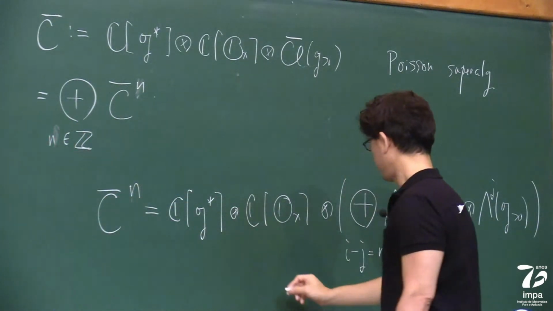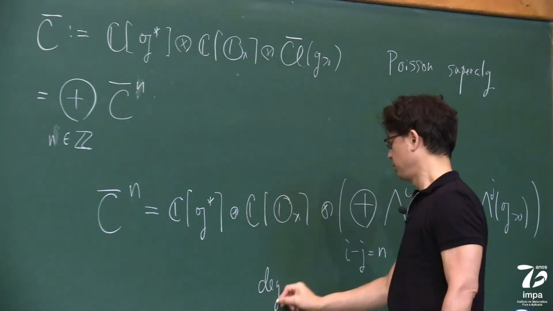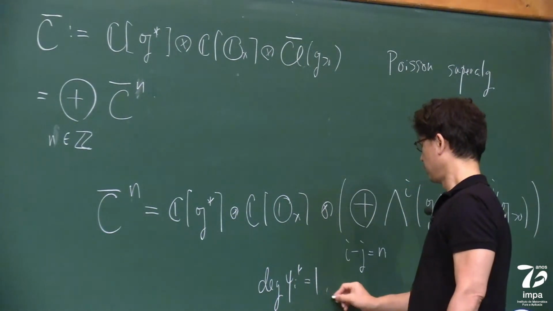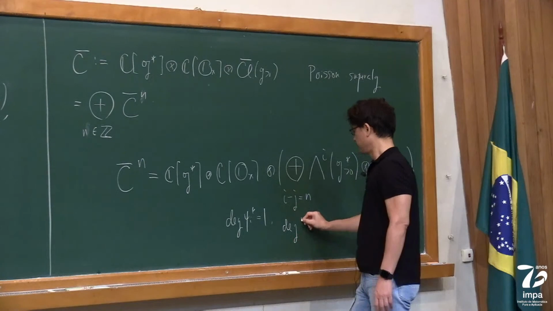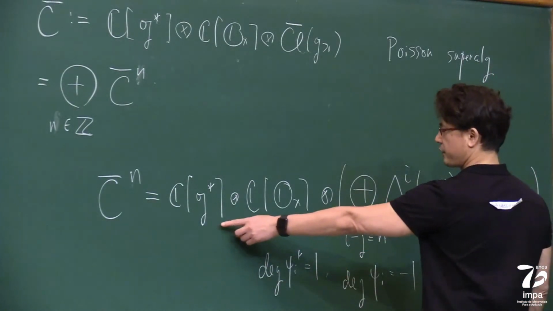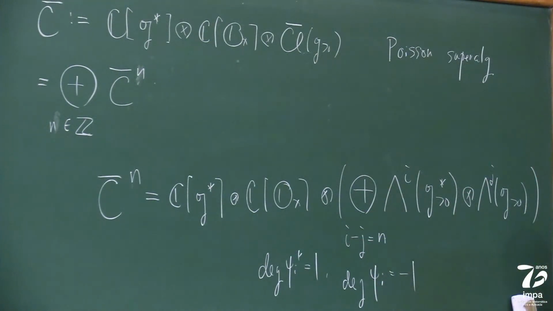So I assign the degree of psi_i star to be 1 and the degree of psi_i to be minus 1 and the degree of other generators to be 0. So this gives a Z grading.